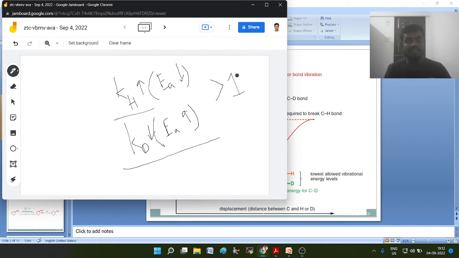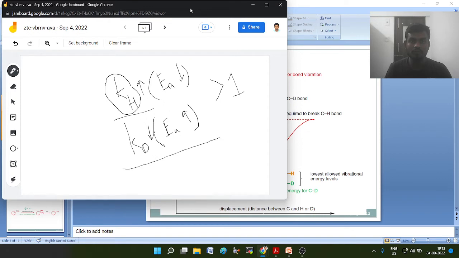If I summarize, the replacement of a hydrogen with its isotope deuterium results in lowering of the rate. Thus, Kh by Kd is greater than 1. This is typically known as the kinetic isotope effect, or primary kinetic isotope effect in general.